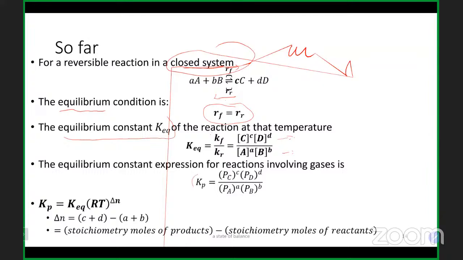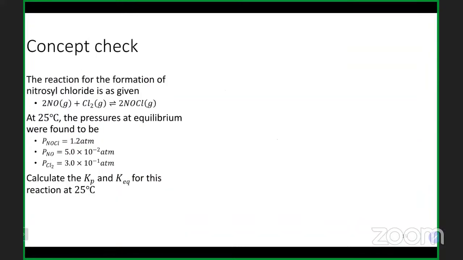We can also express it in terms of pressure, and this is the relationship between equilibrium in terms of concentration and in terms of pressure. Now let's work some examples. The reaction for the formation of nitrosyl chloride is given as 2NO plus Cl2, all in the gaseous state, giving us the nitrosyl chloride.